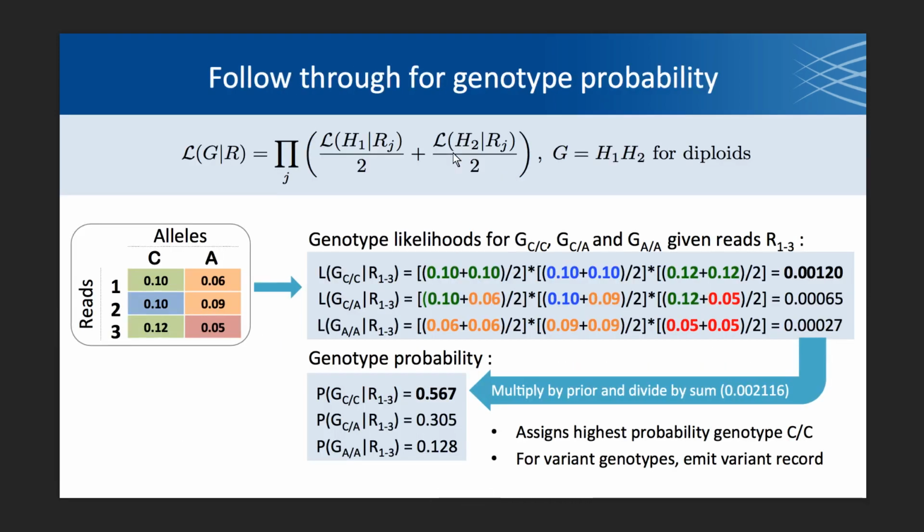So as we go through these steps with our real numbers, we compute each of these genotype likelihoods, as I explained, for the different combinations of alleles. And sure enough, those three likelihoods, even though they encompass the full event space, don't add up to 1. Again, they're likelihoods. They don't follow the same rules.